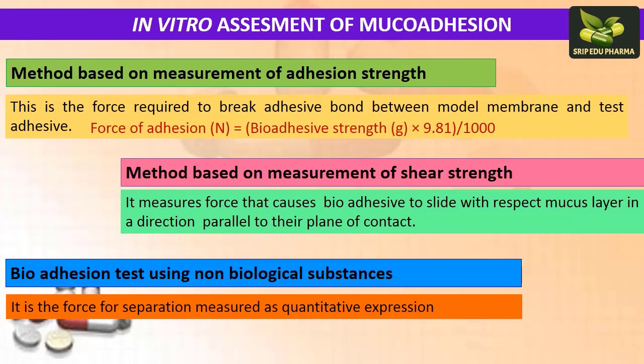Again, shear strength is also related to adhesion strength. And bioadhesion is the force of separation measured as a quantitative expression. So these three parameters are important while assessing the mucoadhesion property of a polymer.